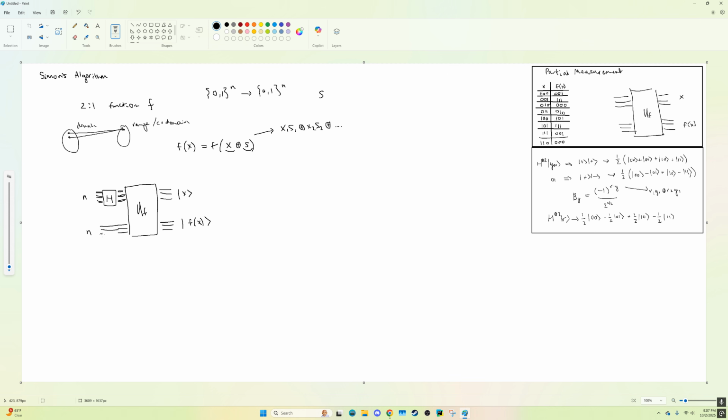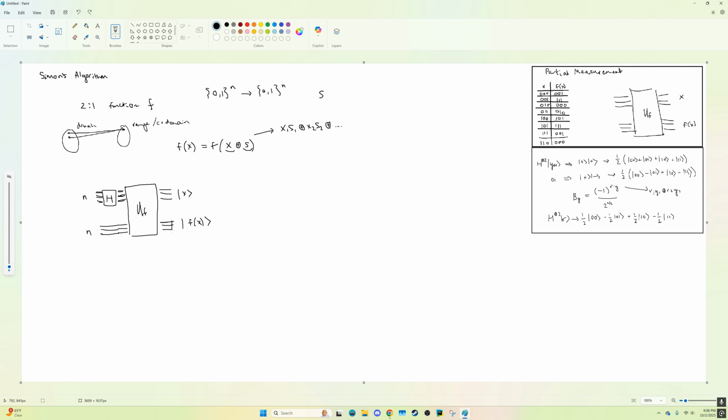Okay, so we're going to use now this idea of partial measurement in this circuit right here. So we applied Hadamard to the top set. So now our input register is in a uniform superposition over all possible x in the domain, after applying this Hadamard transformation to every single qubit in these n qubits in the top register.